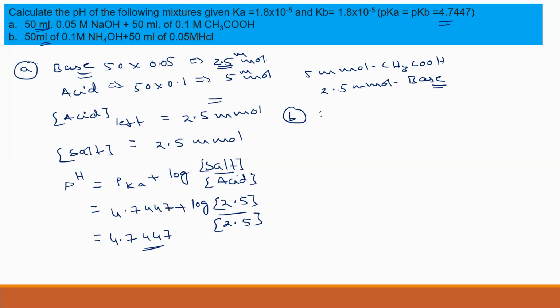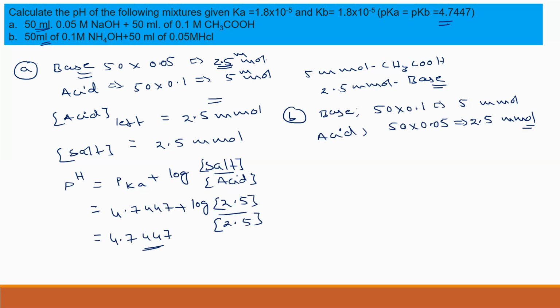And coming to part B. So base is 50 into 0.1. So this is 5 millimole. Okay, and this is acid, 50 into 0.05. So this is 2.5 millimole.